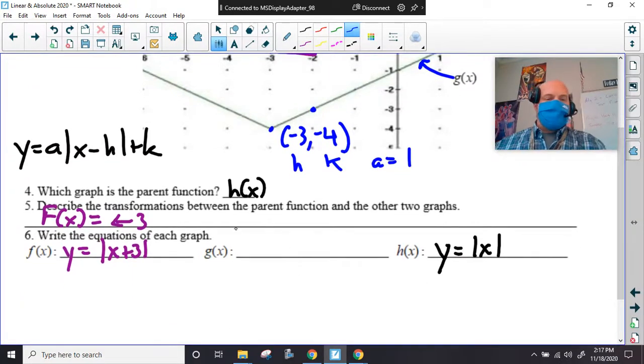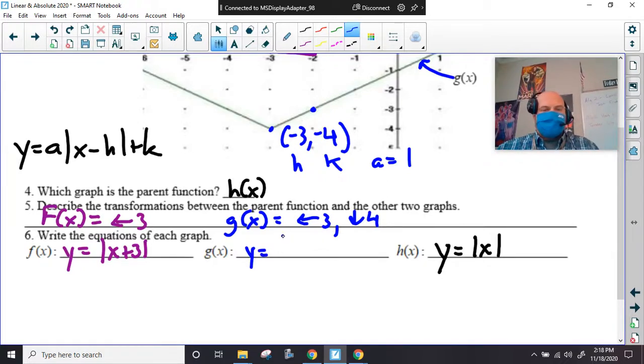So this transformation for my g of x, I went left 3 and I went down 4. So a is 1, so I don't have to write that right there. There's my absolute value sign. I plug in that -3, I have a plus 3. I went down 4, minus 4.